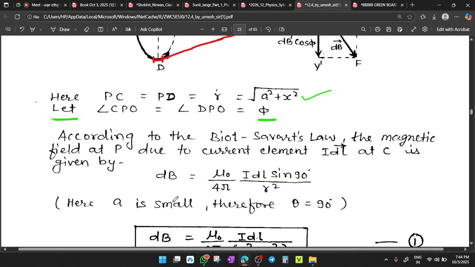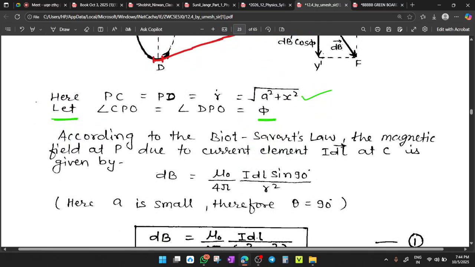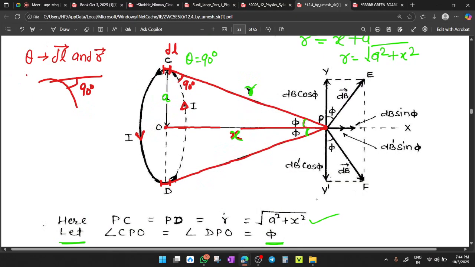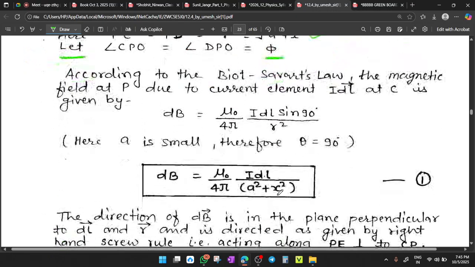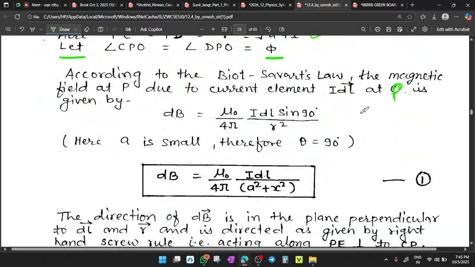Now, according to the Biot-Savart law, we have to find the magnetic field at point P due to this current element. So the magnetic field at point P due to the current element I dl at C is given by, yes, it is not C, it should be P. Because our investigatory point is P. So the magnetic field is given by how much?